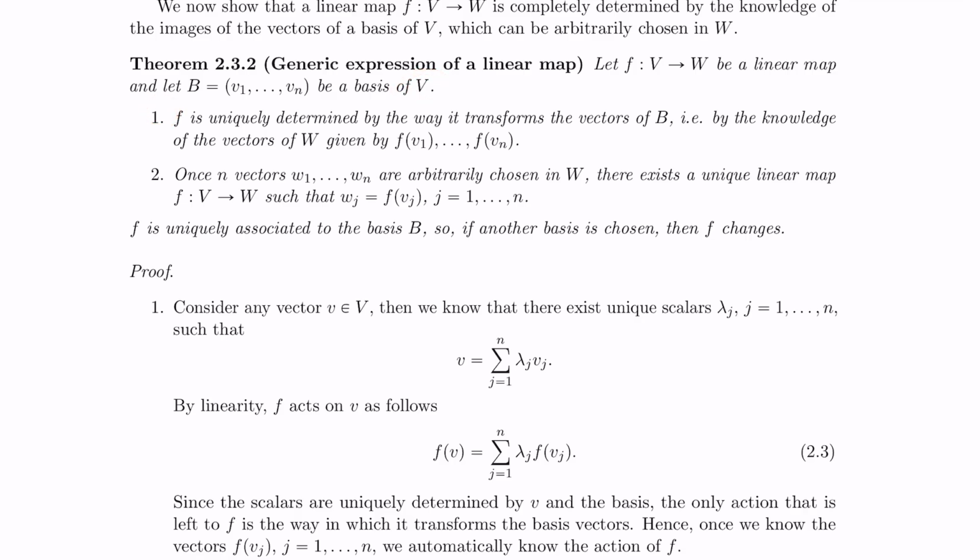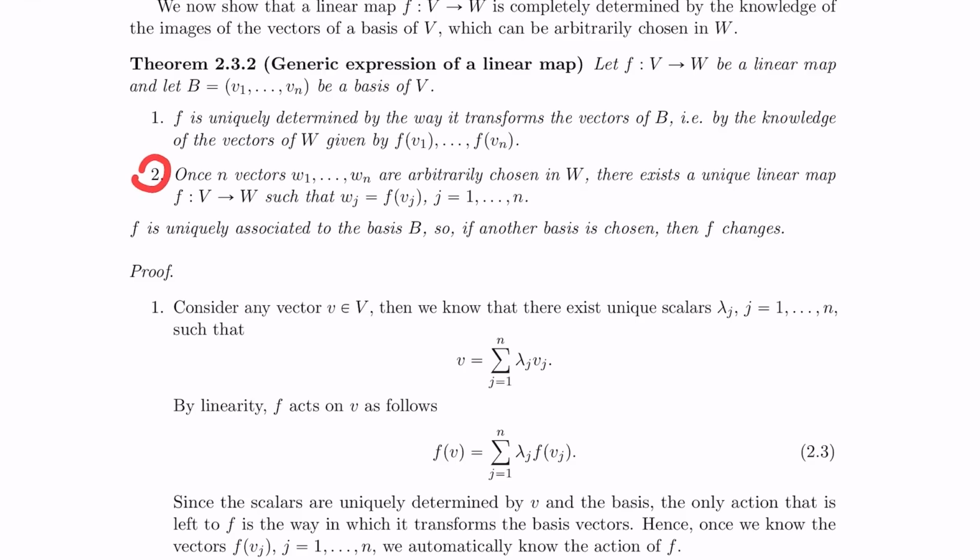The first says that the map F is uniquely determined by the way it transforms the vectors of the basis B. That is, F is uniquely determined by the knowledge of the images of the basis vectors. This means that for a linear map, if we know how it acts on the basis vectors of a vector space, then we know how it acts on all the other vectors of the vector space.